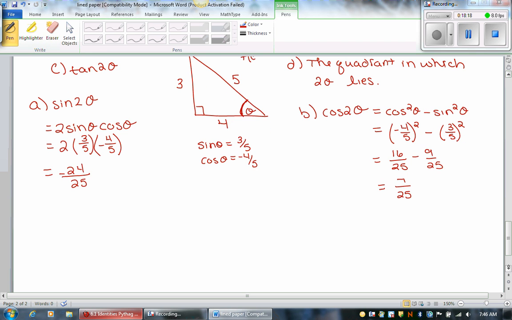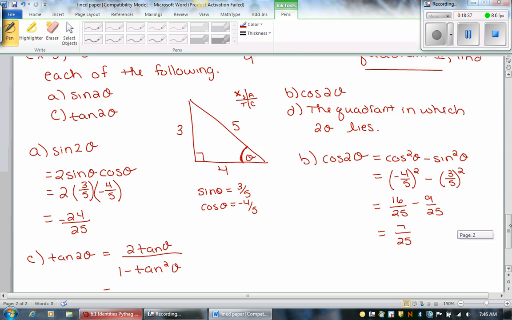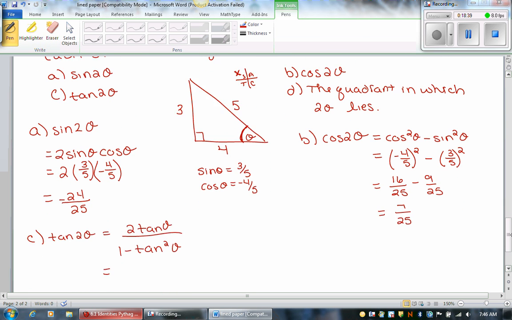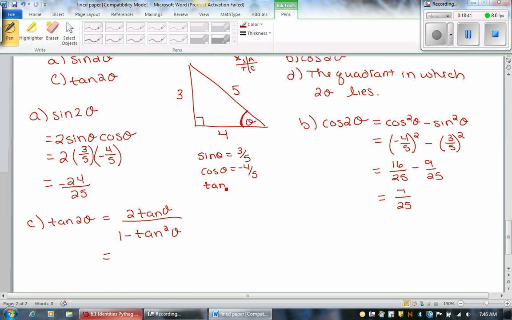Okay, so let's take a look at C, which is going to be tangent of 2 theta. And again, we're using our identity, which we know to be 2 tangent theta over 1 minus tangent squared theta. And we were already given the information, so this is actually pretty simple to just plug in. We know that tangent is negative 3/4.